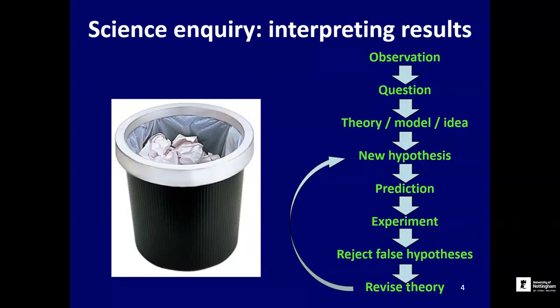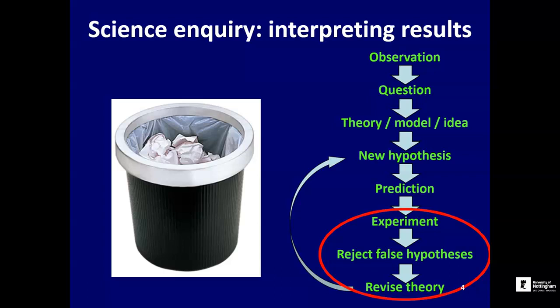So to remind you, here's that scientific method written out in a sort of linear cartoon form, and we're homing in now on near the end of this process, the idea that we've got some data from an experiment or a set of observations, and we now want to know whether or not we should reject the null hypothesis and try to formulate a new hypothesis, or whether we found support for our null hypothesis.